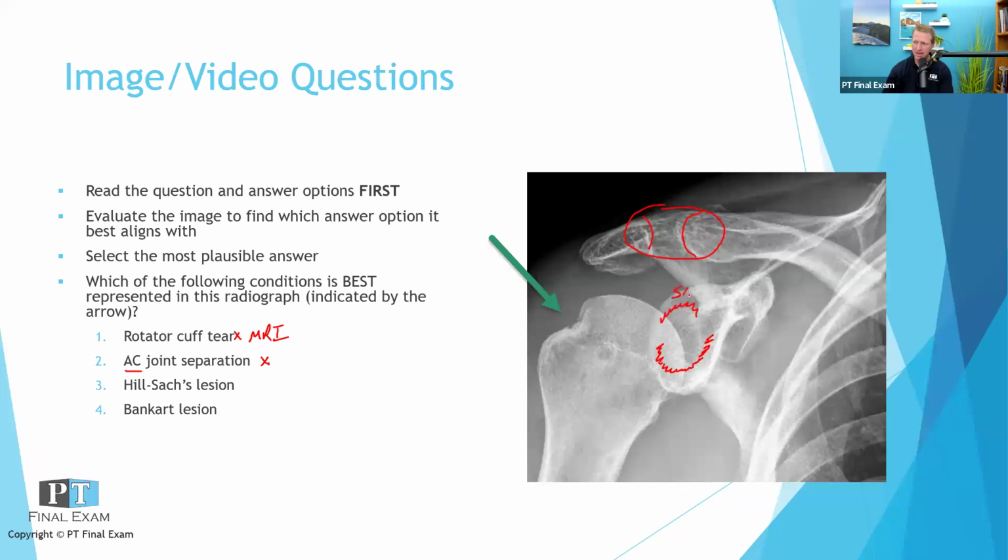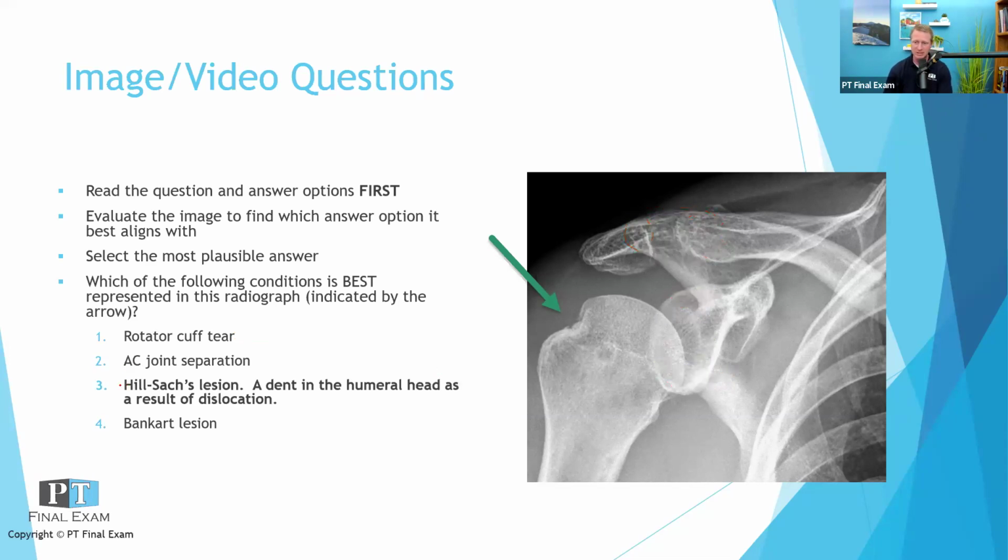So you have SLAP lesions at the top of the labrum, and then Bankart lesions are at the bottom of the labrum. Well, if you know that Bankart is related to the labrum, we see again that would be visualized with a soft tissue type imaging technique. Plus, you would say that the arrow, which is indicating lateral humerus, is not indicating anything near the Bankart, leaving us with our correct answer, which is the Hill-Sachs lesion.